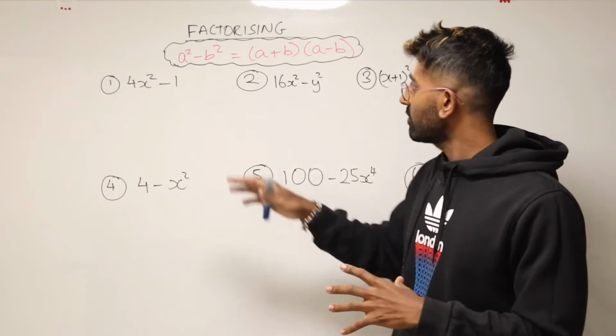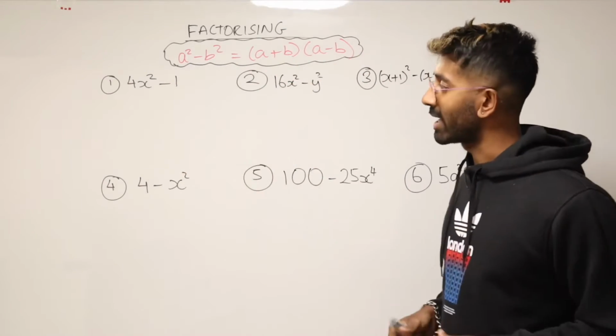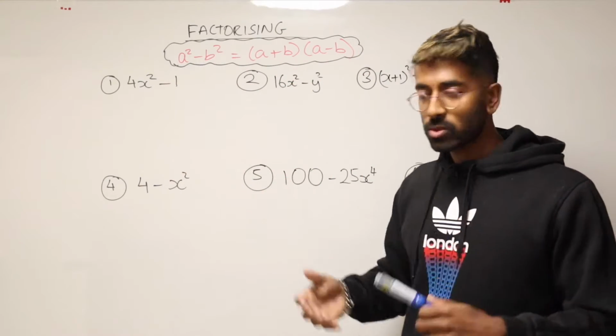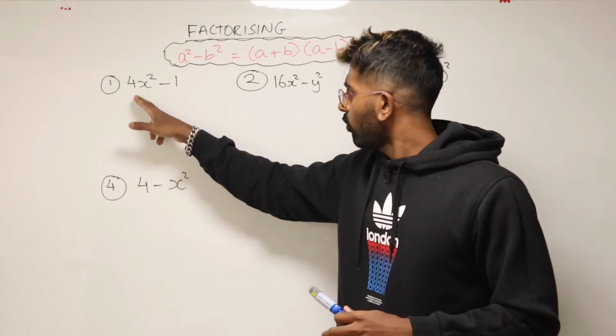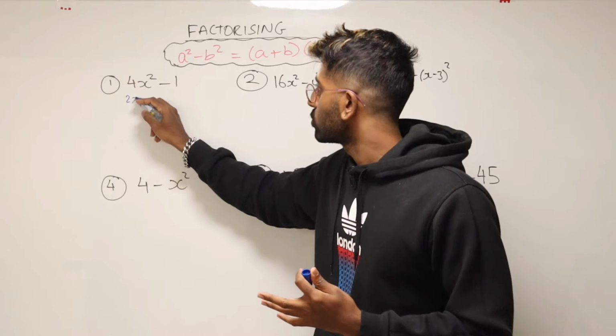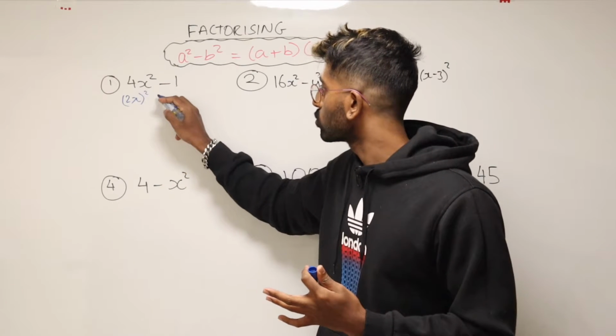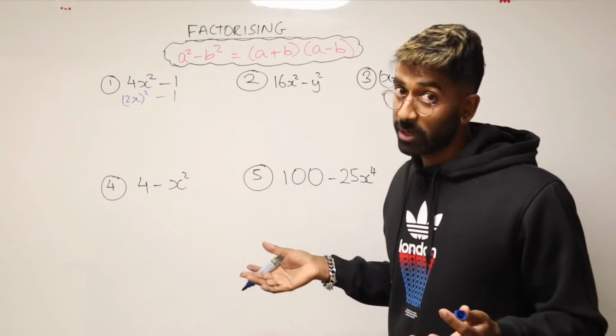And so what we'll do is have a look through a couple of examples and see how we can factorize these into two brackets via the difference of two squares. So over here, 4x squared. What we can do is say 4x squared is the same as 2x all squared, because 2x times 2x is 4x squared.